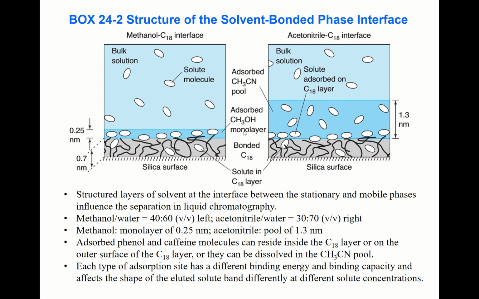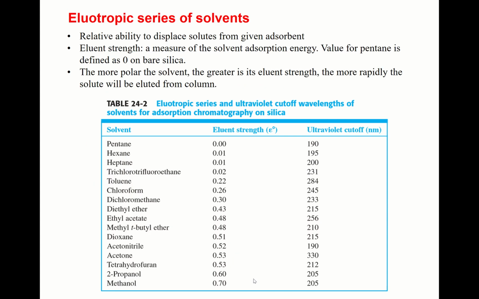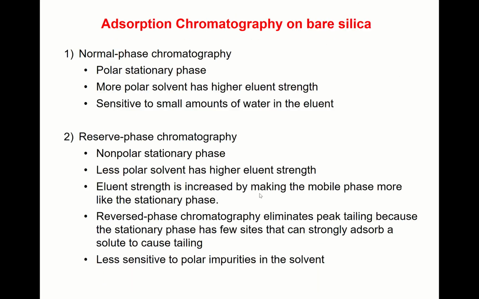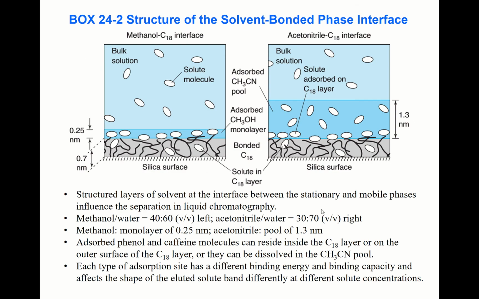Why? There will be different interactions depending on the different solvent. Let's look at that. Methanol eluent strength is very high, 0.7, but acetonitrile is 0.52.